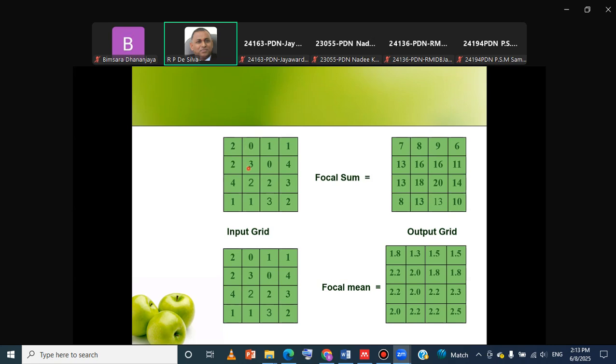Anybody? If the resolution of the raster is 100 meters, that means each cell is 100 meters long and 100 meters high. So both sides are 100 by 100. From this cell to this cell, what is the distance?